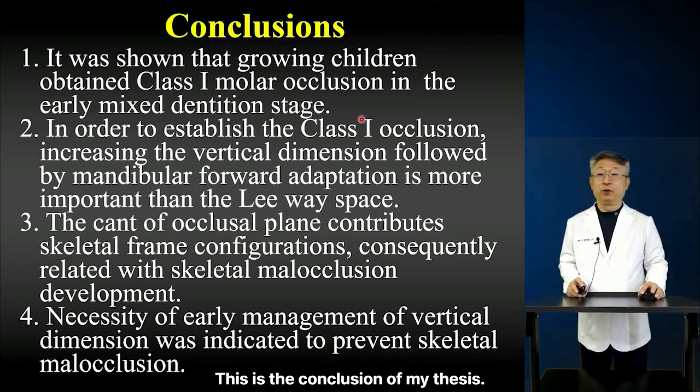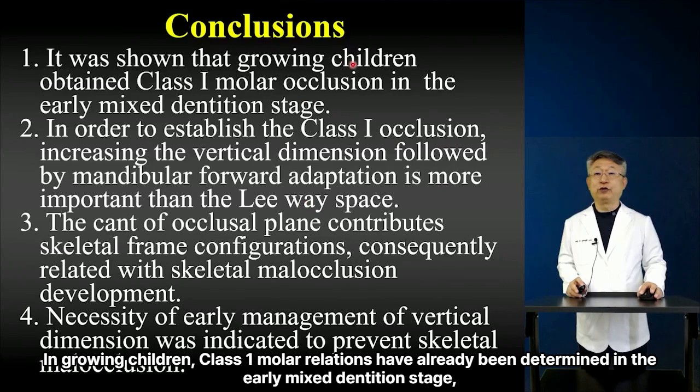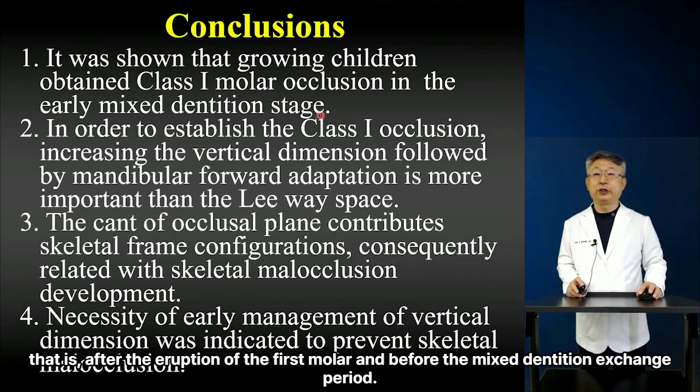This is the conclusion of my thesis. In growing children, Class 1 molar relations have already been determined in the early mixed dentition stage. That is, after the eruption of the first molar and before the mixed dentition exchange period.